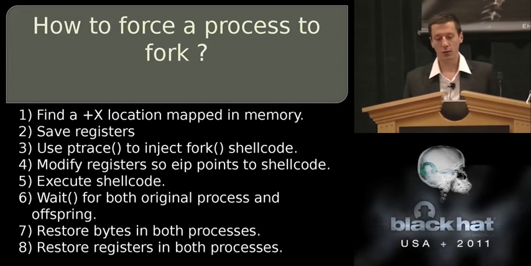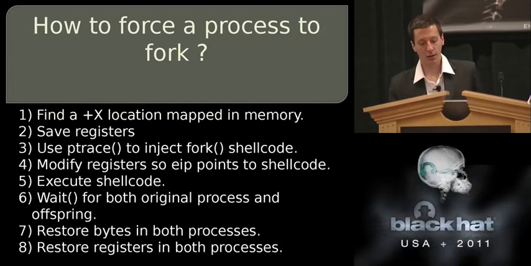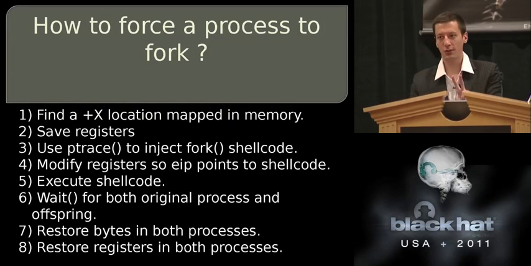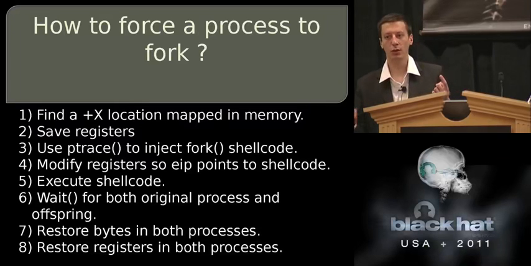You can do all of it using ptrace. Then we inject inside this process a small fork shellcode, which forces the application to fork. We execute this shellcode. So then we have two processes, right? We have the original one, and we have the newly created one.